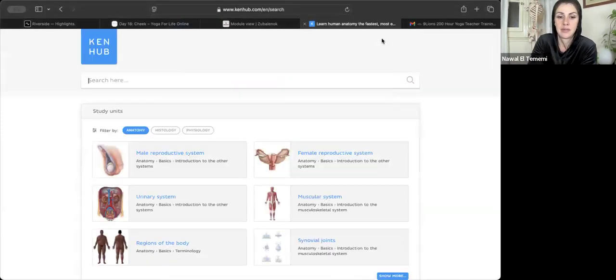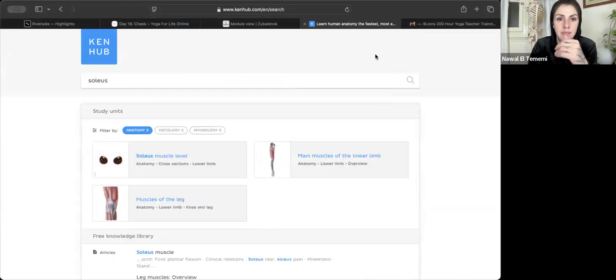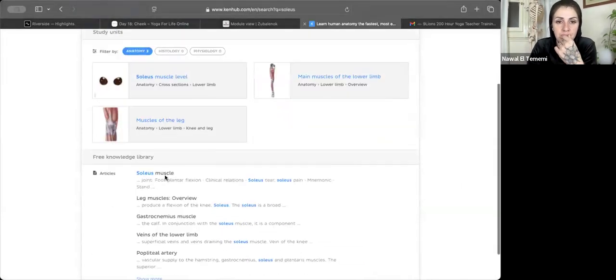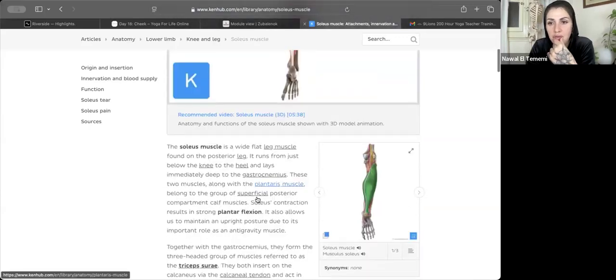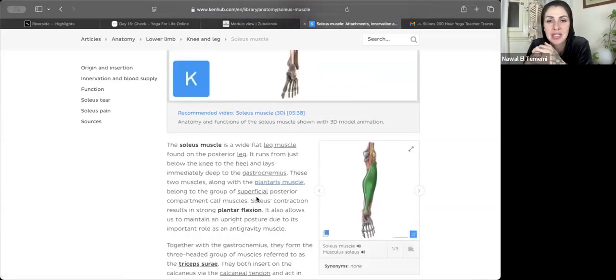Soleus. The soleus muscle is the wide, flat leg muscle, just below the knee to the heel.